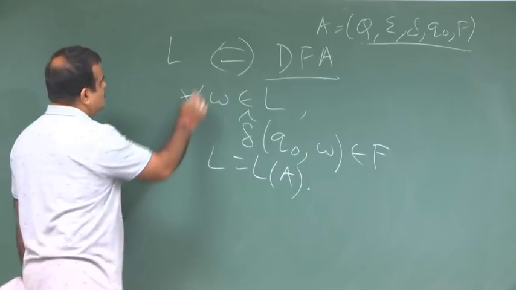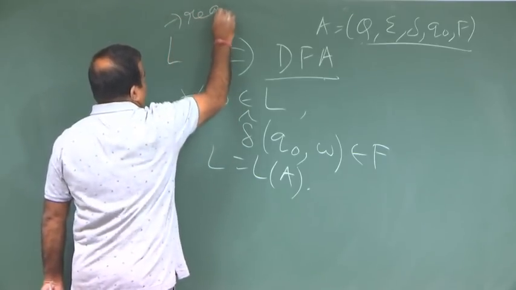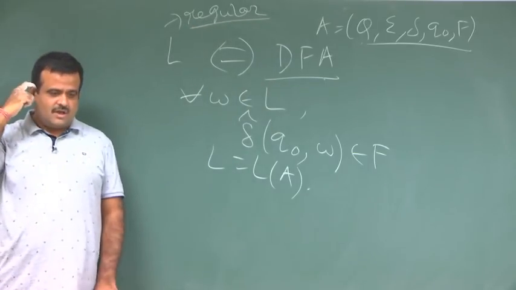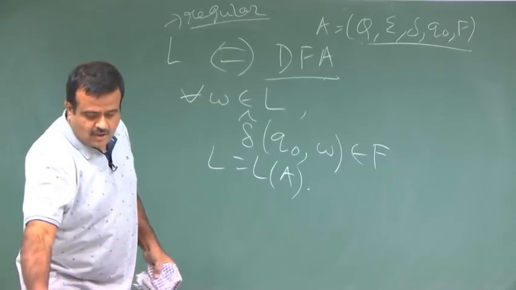Then we say this is a regular language. If a DFA exists, if a finite automata exists, then we say this is a regular language.